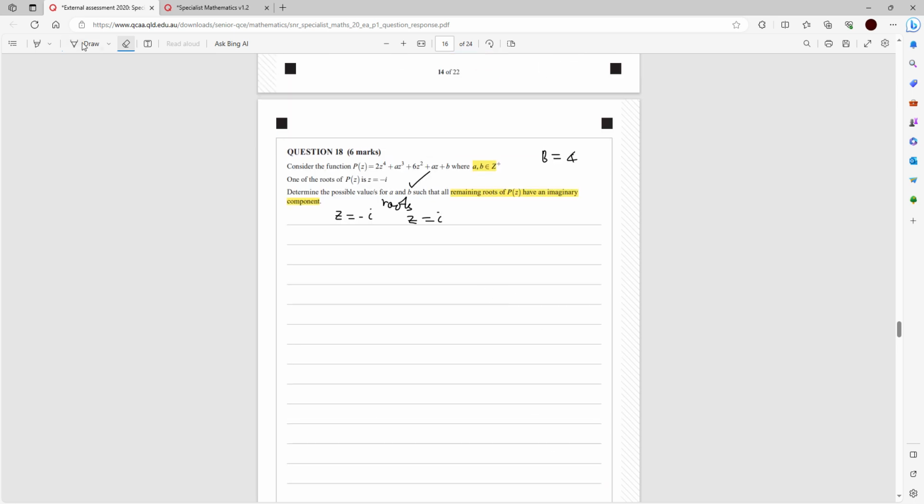So, this means z plus i is a factor of P of z, and this means z minus i is also a factor. So these are both factors. So, if I were to multiply these together, it will give me some quadratic expression, which I can then do long division on to break it apart pretty much.